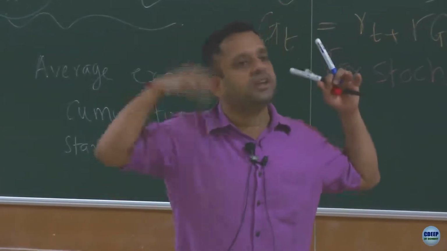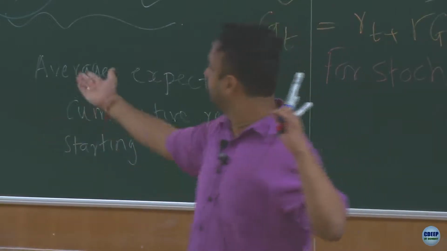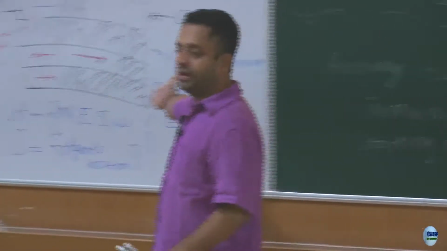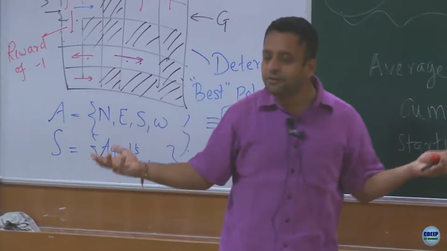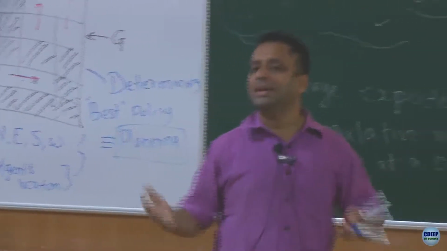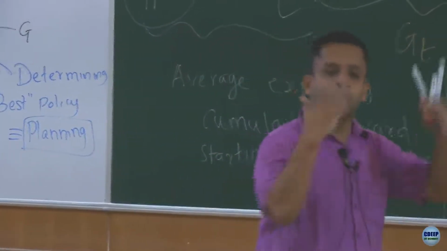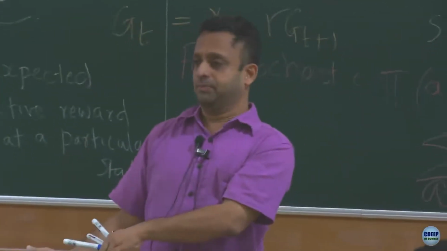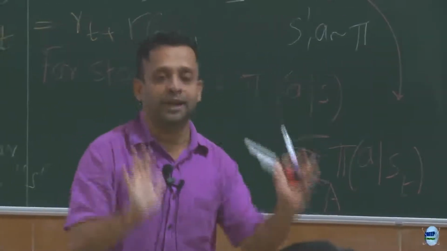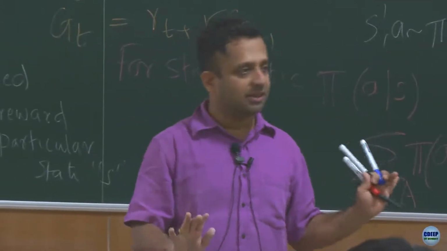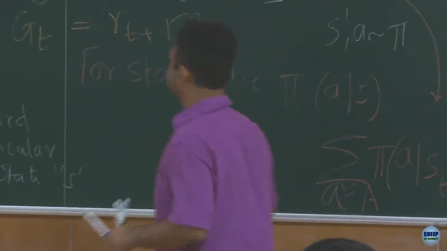What is the right value? What is the right reward? We were very dumb. We said -1 reward everywhere. Is that the right thing to do? Maybe I should have had a different reward. So how do I carry forward my learnings from one maze to another maze? That's a learning problem. Given a maze, how to find the path is a planning problem. Is that clear? I'll just write this again.